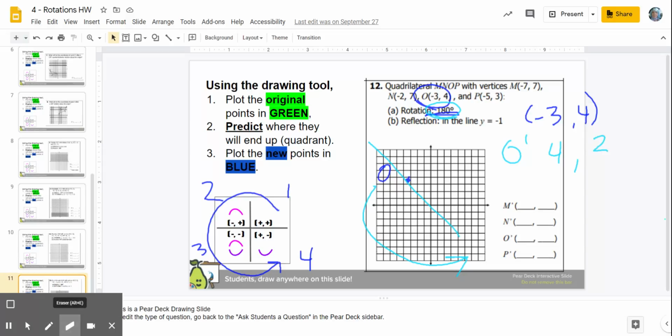Nope. I just said you don't switch anything. Got to follow my own rules. 3, 4. And if we land in quadrant 4, which one is negative? The 4. Okay. So then down here, I've got 3, -4. 1, 2, 3, 4. This is O single prime.